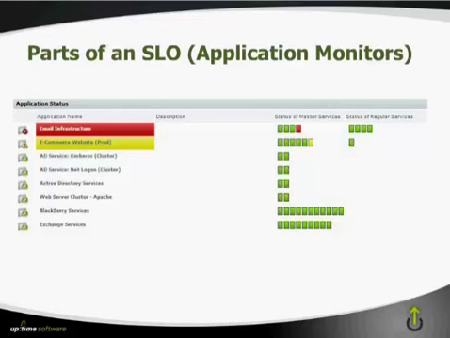The SLOs within an SLA use these application monitors to determine their statuses. What's important to understand here is that application monitors are a blend of end-user performance and availability. There are also two key kinds of monitors, and you'll see them in the columns of little colored bars on the right-hand side. We call them master and regular.